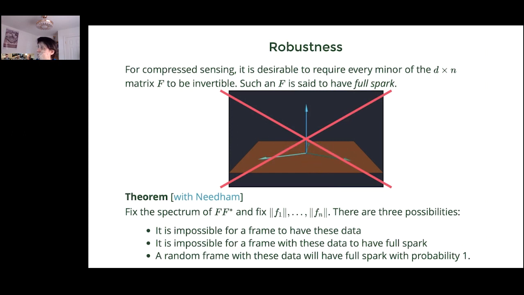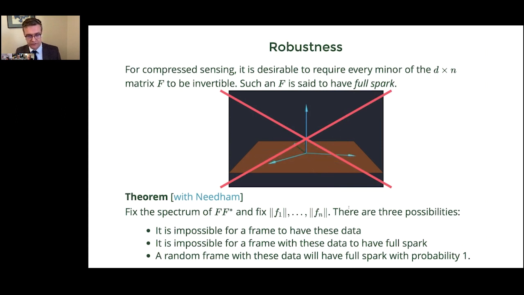Yeah, so the conditions are completely explicit. Basically, you have a system of inequalities involving the spectrum and the lengths. It's basically majorization, so the spectrum has to majorize the squares of the norms.